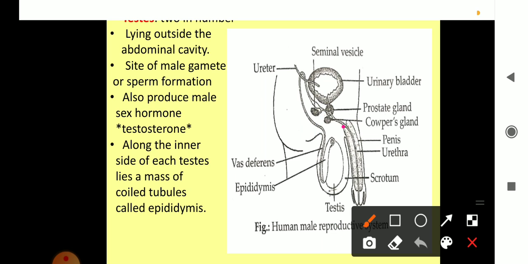Now see it again. This is the common path for the urine as well as the sperms. We can say urethra carries urine from the bladder as well as the sperm from the vas deferentia through the penis, right? This structure is called penis. Okay.